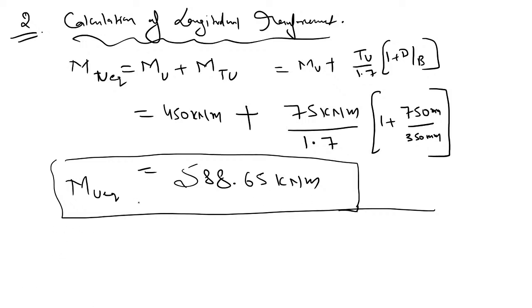So let's proceed further. Mu equivalent is 588.65 kilonewton meter.